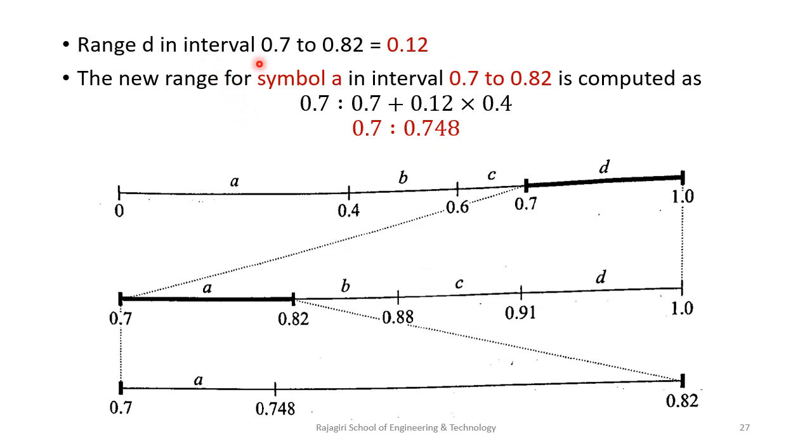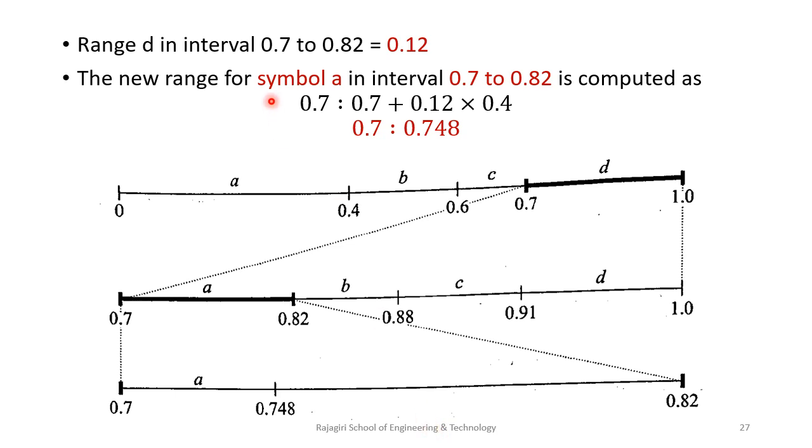The range D in the interval 0.7 to 0.82 is calculated as the upper bound 0.82 minus 0.7, which is equal to 0.12. So this new interval 0.7 to 0.82 has to be divided into 4 based on the symbol probabilities.